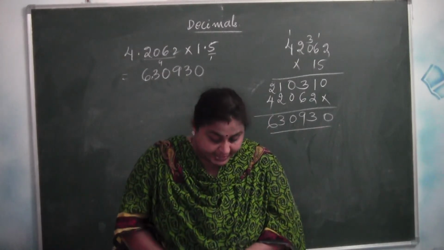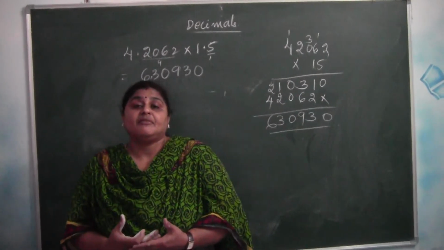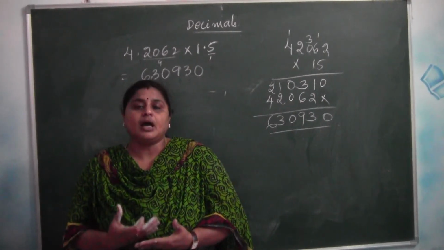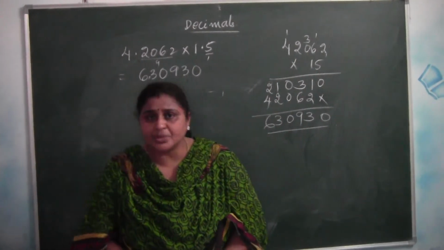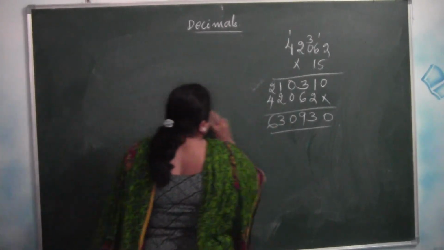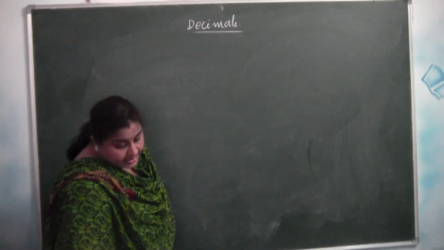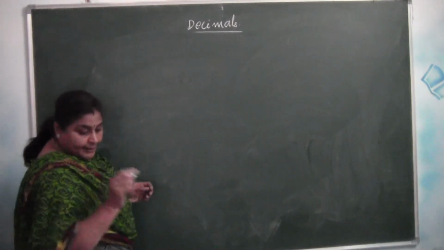Okay. Now let us see multiplication of decimals with 10, 100, 1000. This is very simple, children. Here itself you can do. Multiplication of decimal with 10, 100 and 1000.